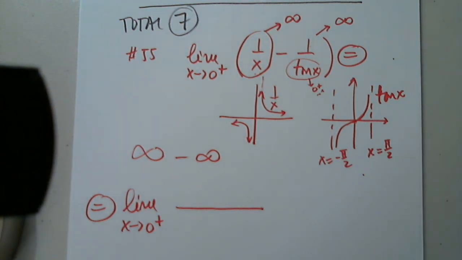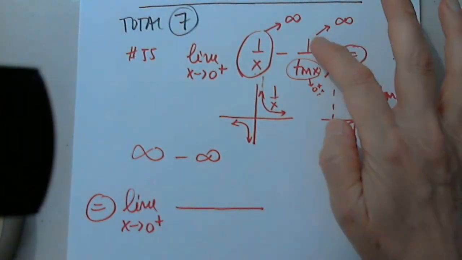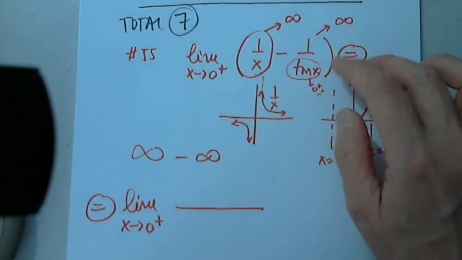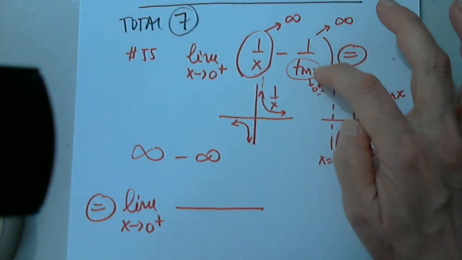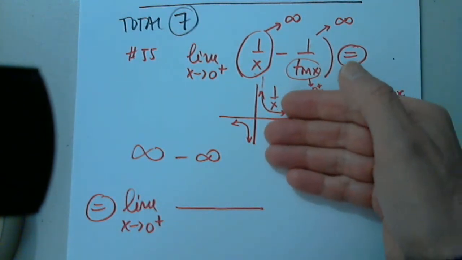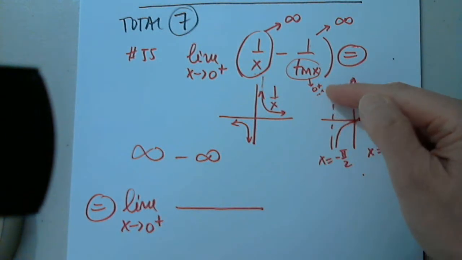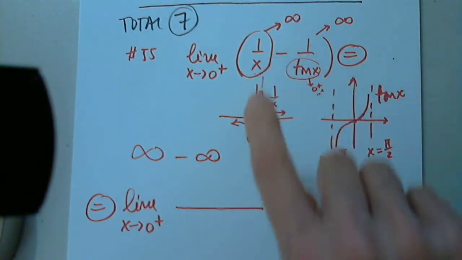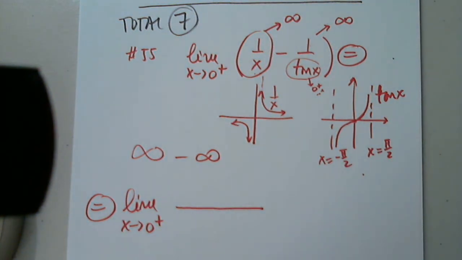If you have any doubts, put this function with radians in the graphing calculator and approach 0 from the right with 0.3, with 0.2, with 0.1, and you will see it will blow up. Very good question.